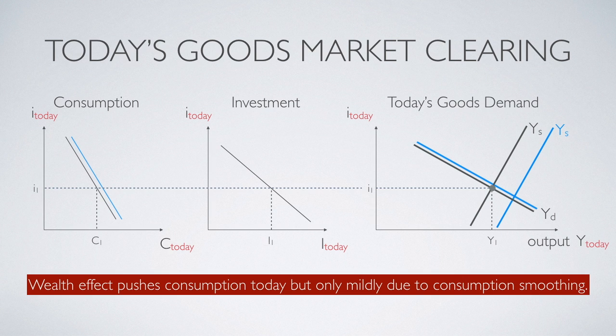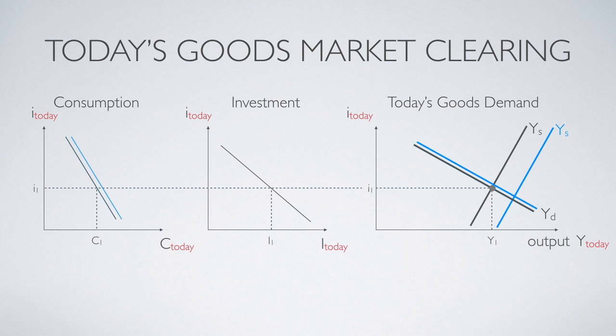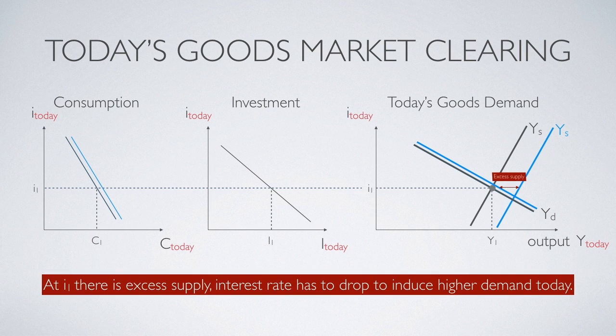So from the graph, we know that if the interest rate stays at little i1, then there would be excess supply, because under that interest rate, the YS quantity is larger than the YD quantity. Therefore, the economy will produce more than the demand. Therefore, the interest rate has to drop so that it can induce higher demand from consumption and from investment.